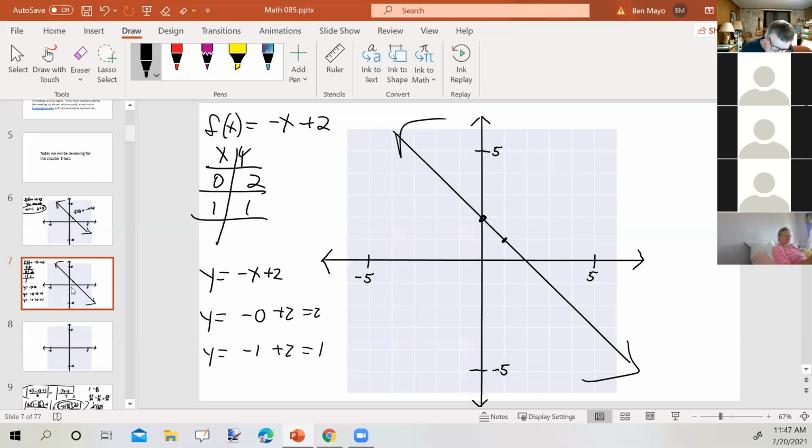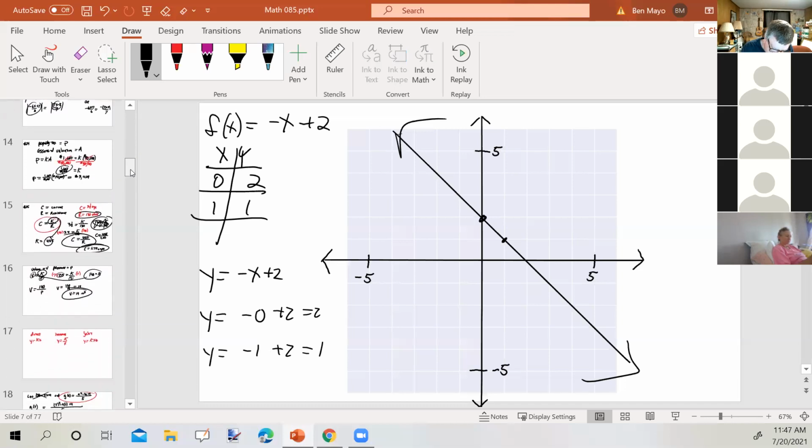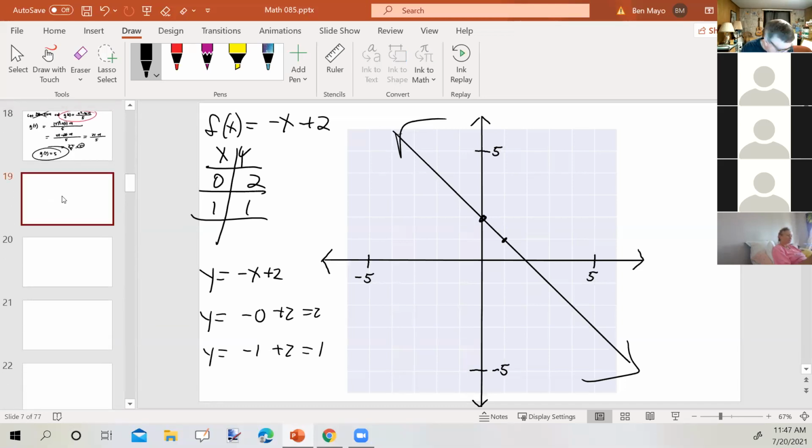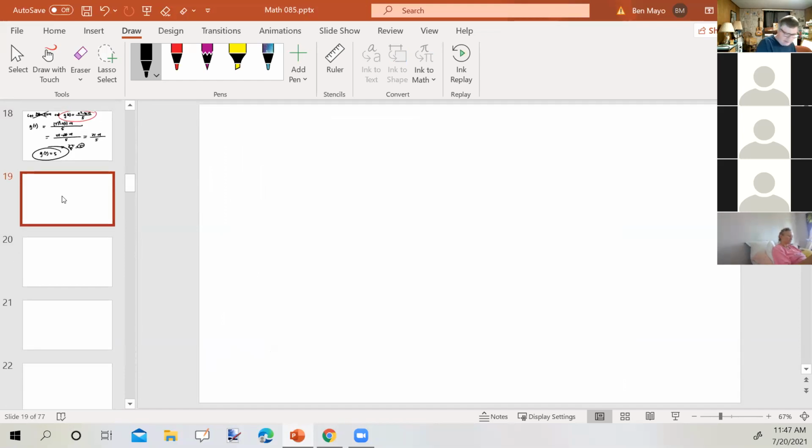All right, let me remind you of some things that came out in this chapter, and this is actually in 8.2. We had this idea of slope intercept form. We also had the slope formula.